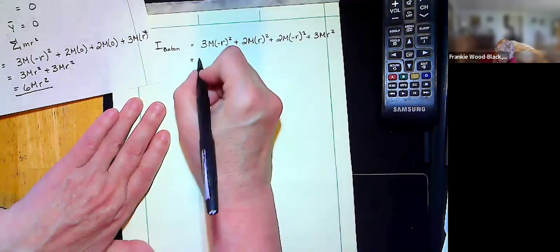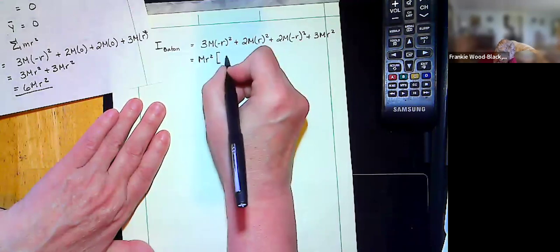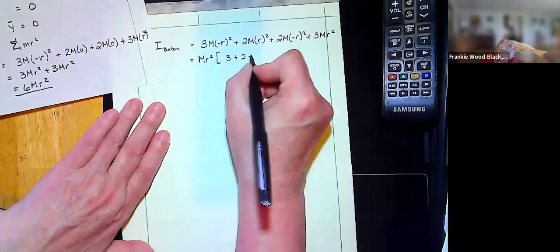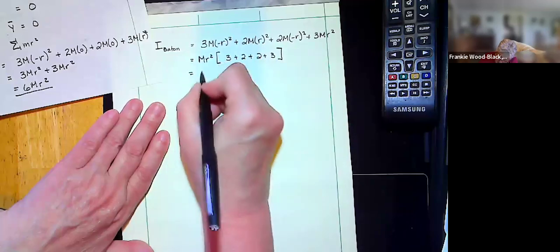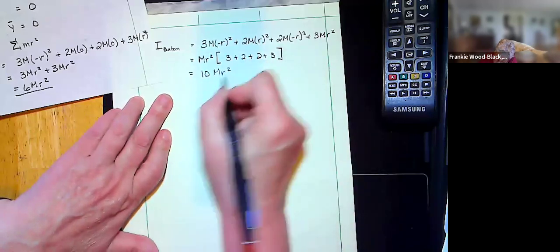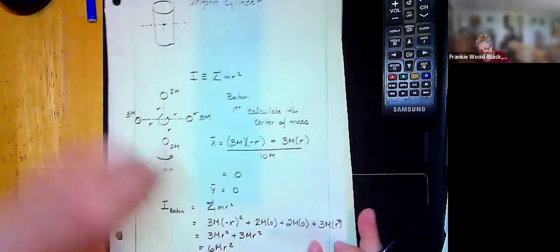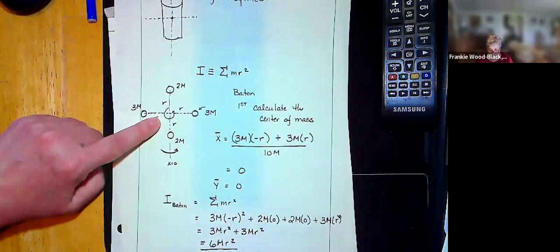So I'm going to get m r squared, because each one of those is going to be there. I'm going to get 3 plus 2 plus 2 plus 3, and I'm going to end up with 10 m r squared for my moment of inertia about this axis versus about that axis.